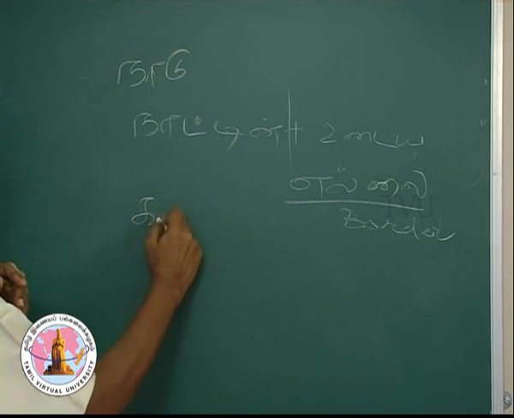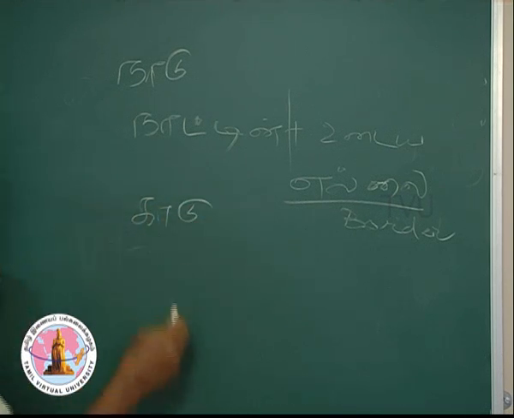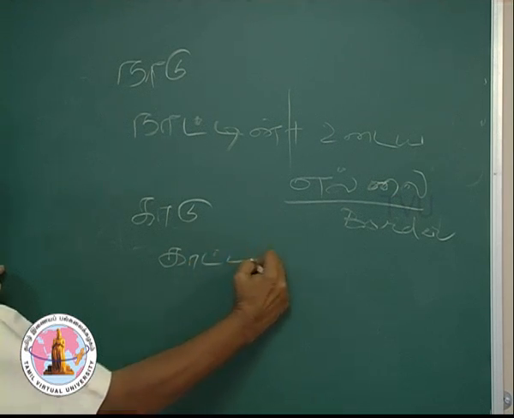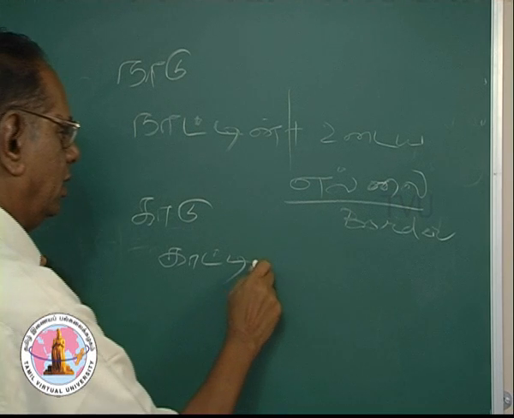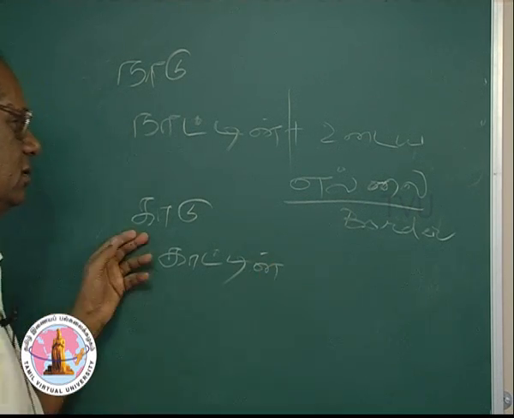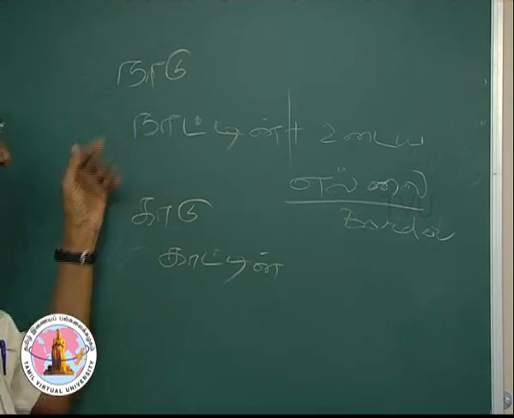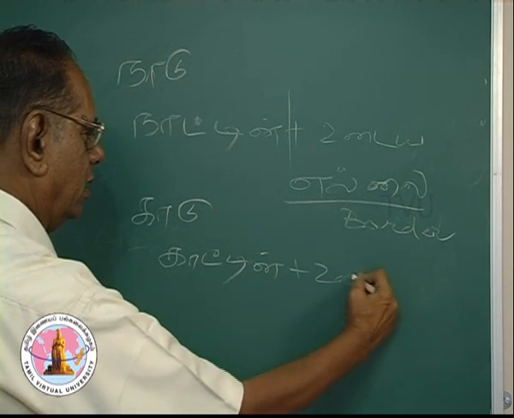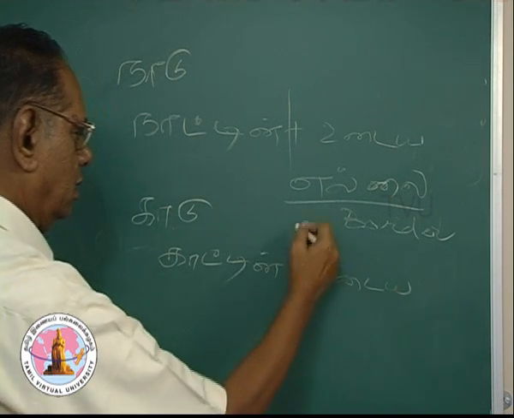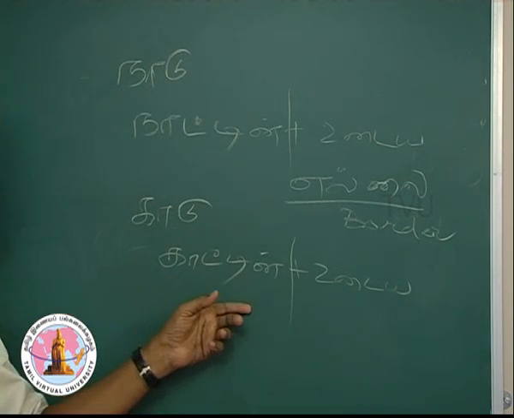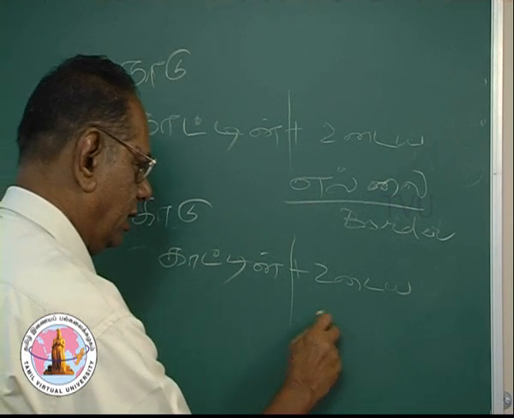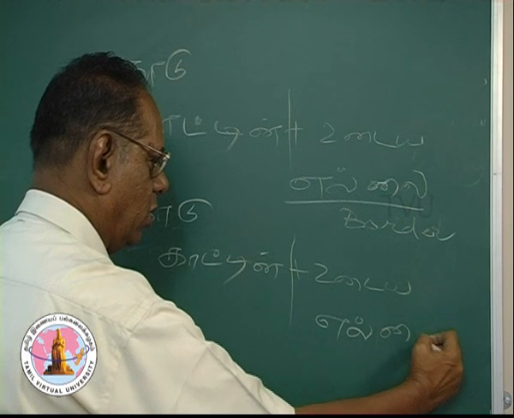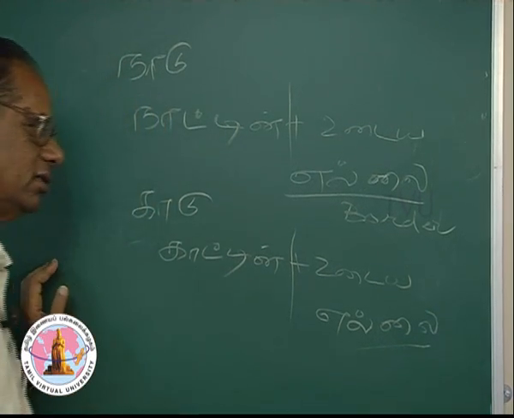So also காடு becomes காட்டின். காடு is forest. நாடு is country. காட்டின் plus உடைய. காட்டின் எல்லை, the border of the forest.